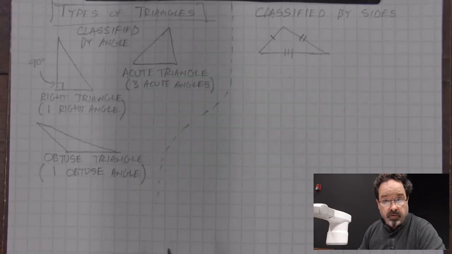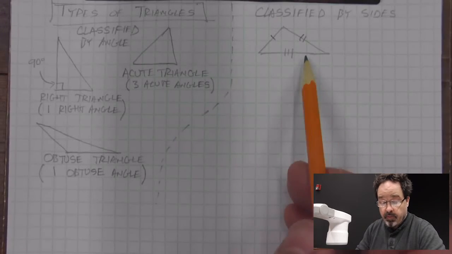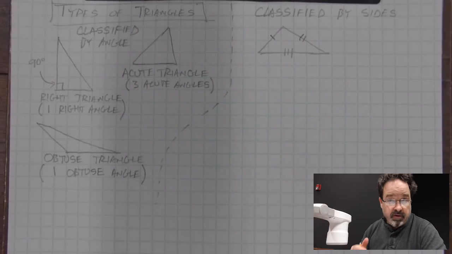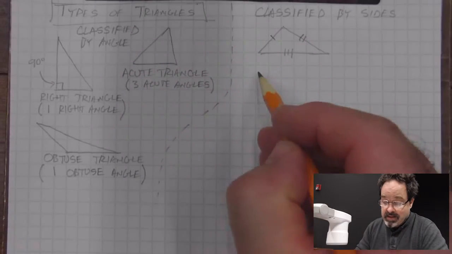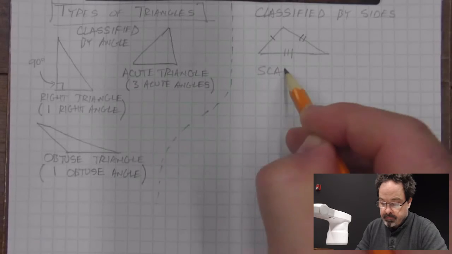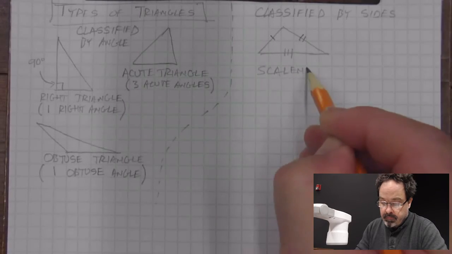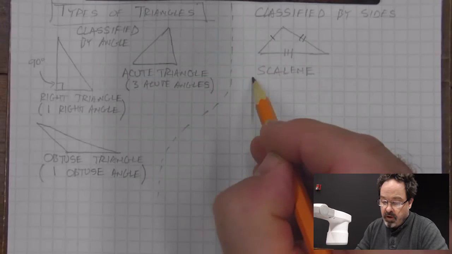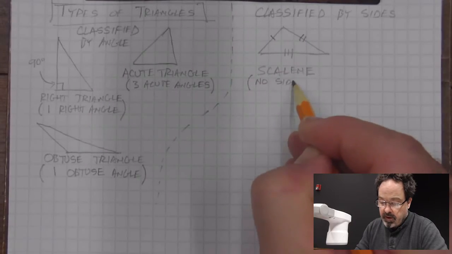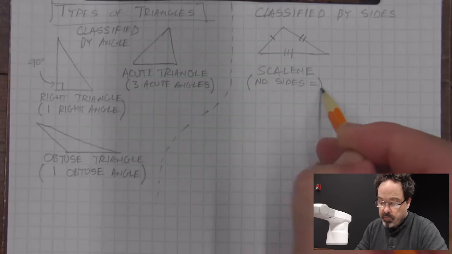I don't know what the measures are. It could be anything, but what I do know by this notation is that all three sides have different lengths. This type of triangle is called a scalene. And what we know about scalene triangles is that they have no sides equal to each other.